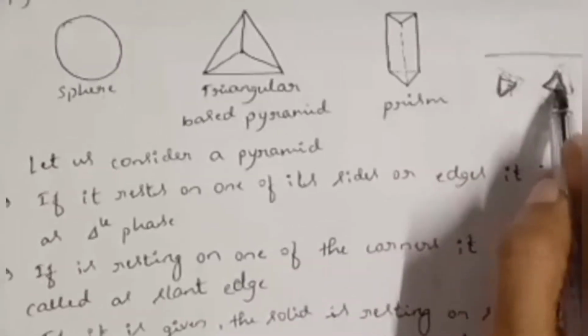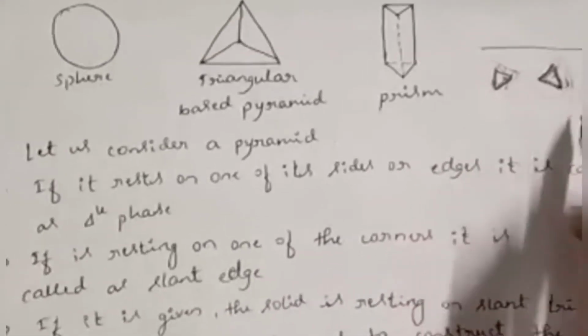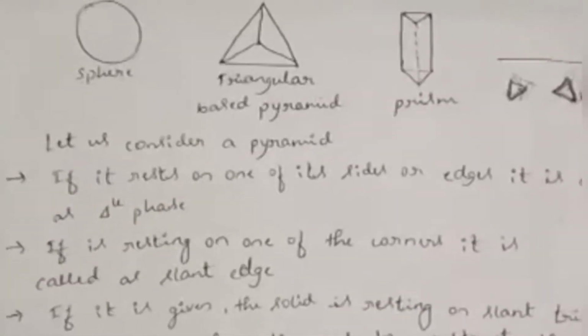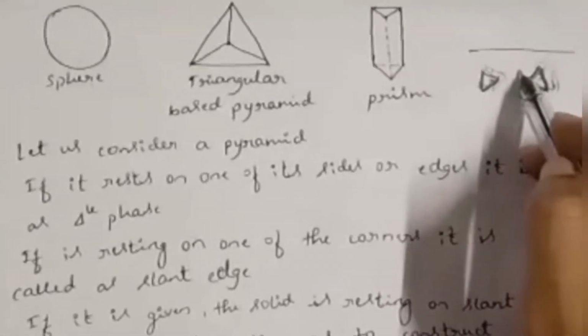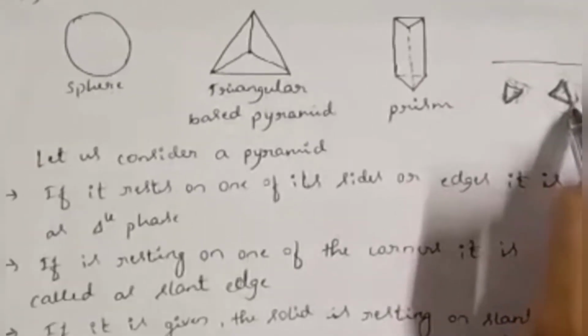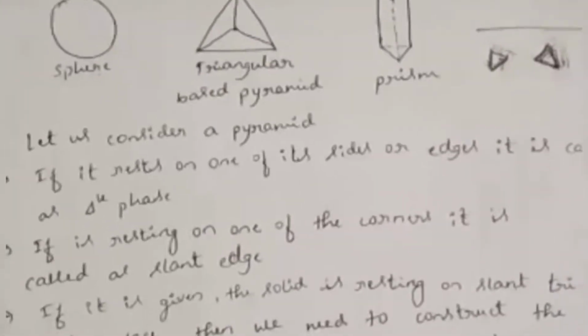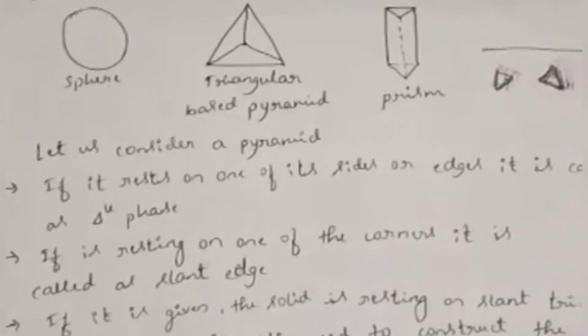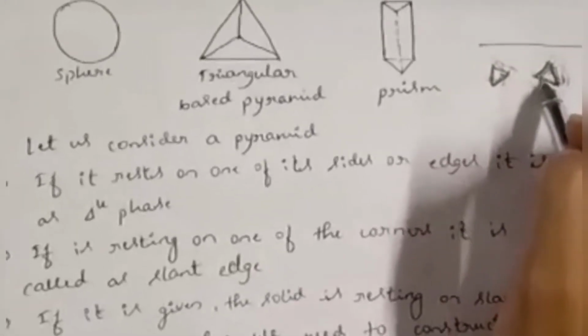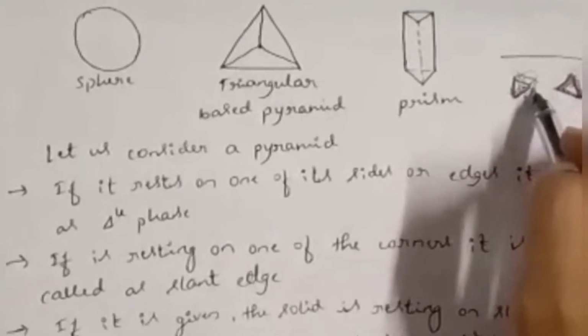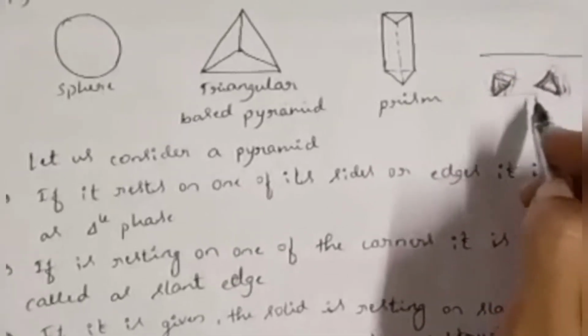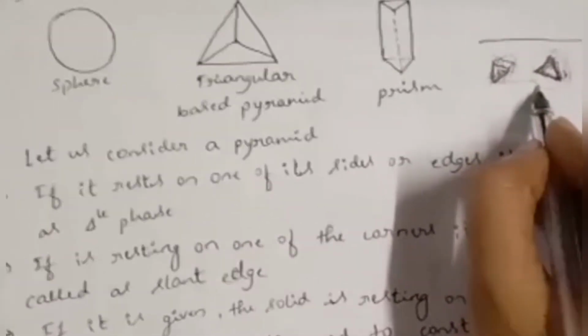If it is given the solid is resting on one of the slant edge, then construct a solid only on resting with these corner positions. These are some examples to construct the solid figures.